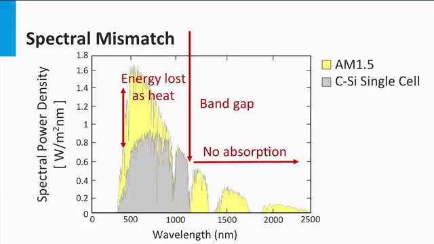All energy present in the solar spectrum below the band gap is not absorbed and can be considered as an optical loss as well. Both loss processes, heating and non-absorption, depend on the band gap. The higher the band gap, the smaller the losses due to heat, but the larger the energy losses below the band gap.